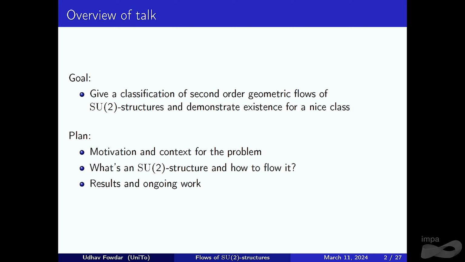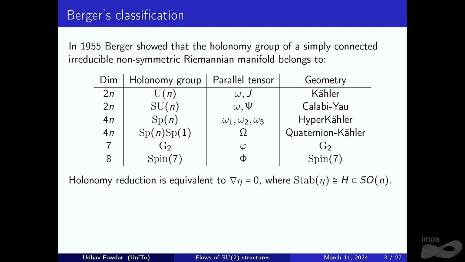Okay, so let me start from the beginning. We already heard about Berger's classification in Robert's talk. So let me remind you again in case you're not used to thinking about special holonomy.